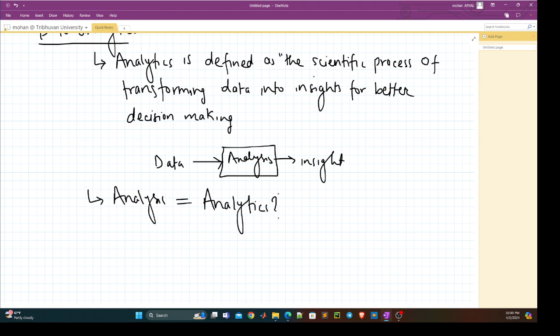Are they really the same? We have defined analytics, right? We know what analytics means.